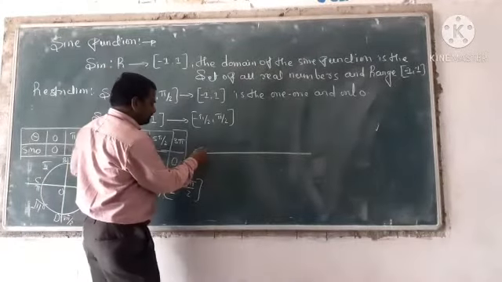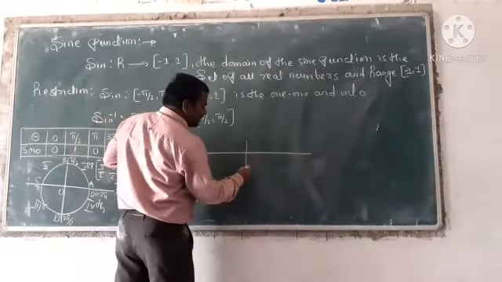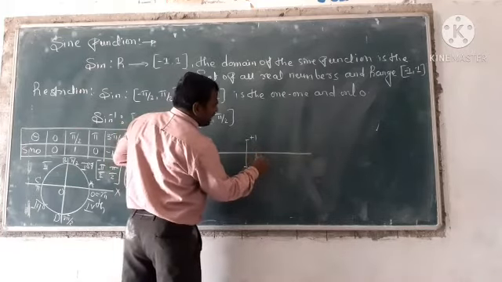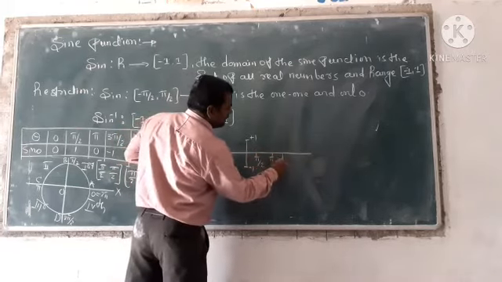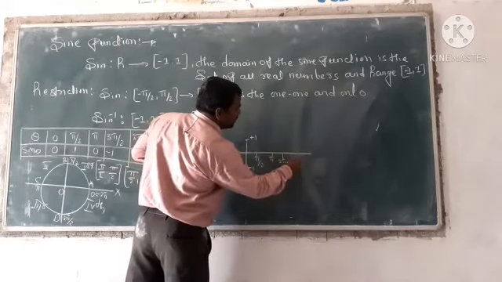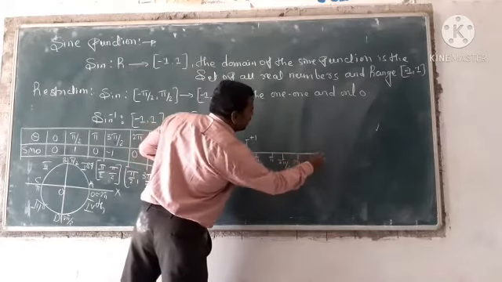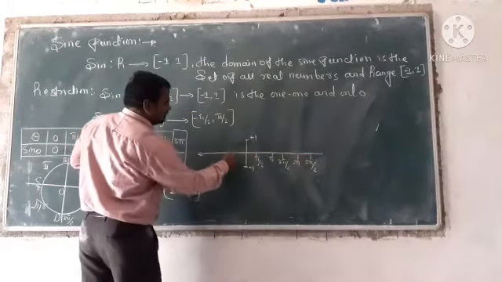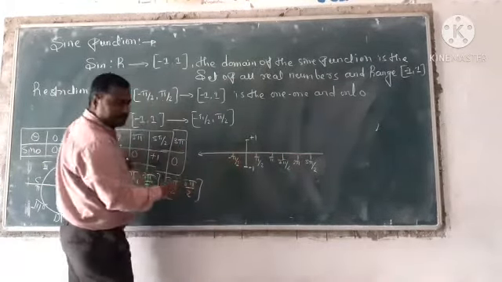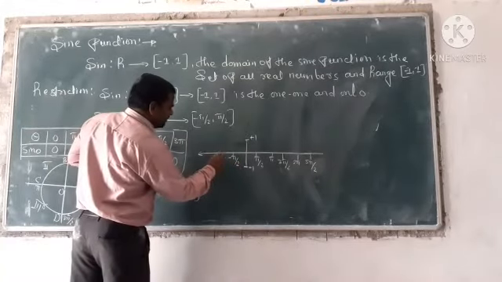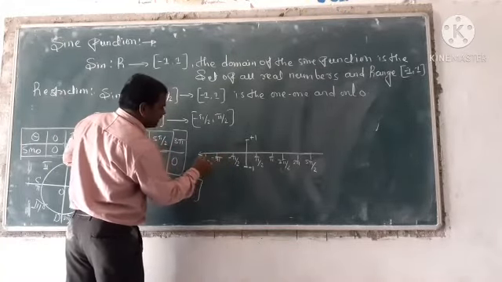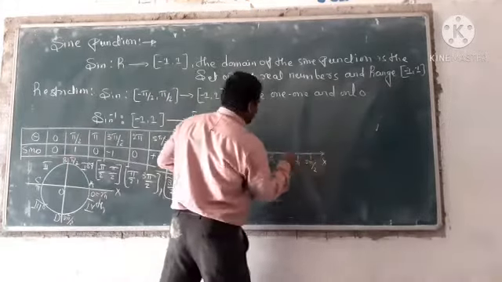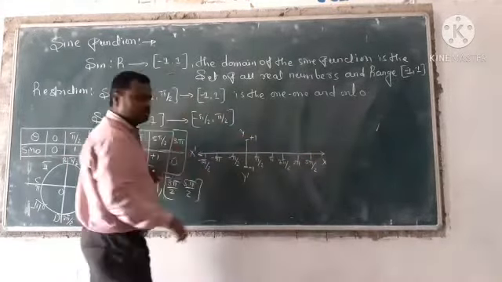So here the range is minus 1 to plus 1, with pi by 2, pi, 3 pi by 2, 2 pi, and on the negative side minus pi by 2, minus pi, minus 3 pi by 2, x dash, x, y dash.